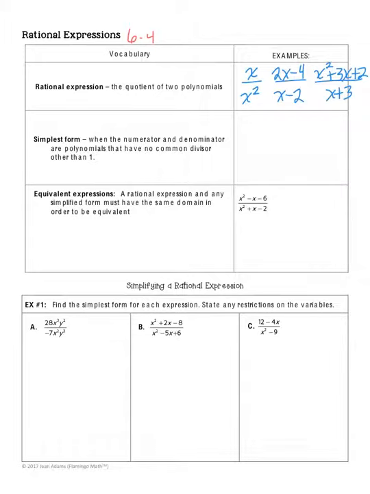Then the simplest form just means that you need to reduce it down. You got to factor it and reduce it down.